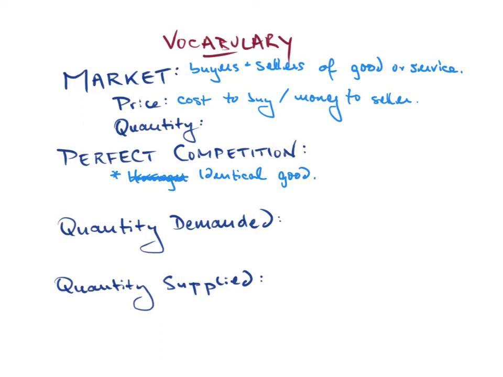Probably few of us think there's a substantial difference between Exxon gas and Shell gas and BP gas. It's all the same thing. Or milk. You go to the store to buy a gallon of milk, like 2% non-organic milk. It's all the same, right? That's what I mean by a homogeneous product or a really identical product. Everyone's selling the same thing.